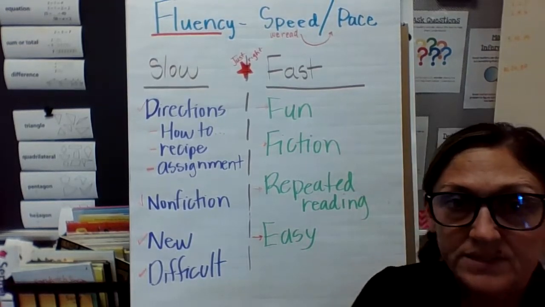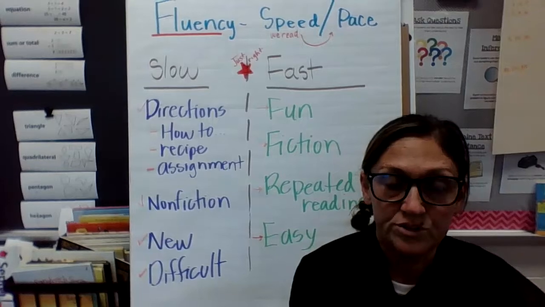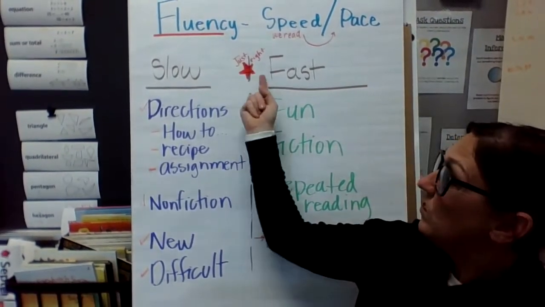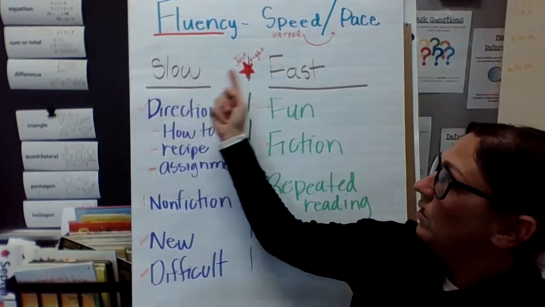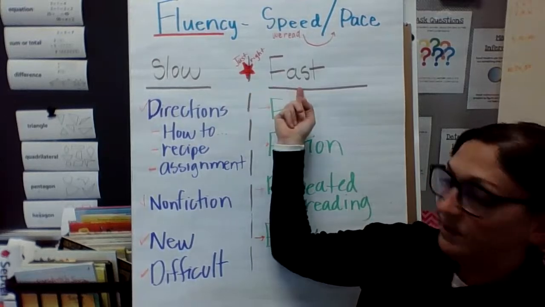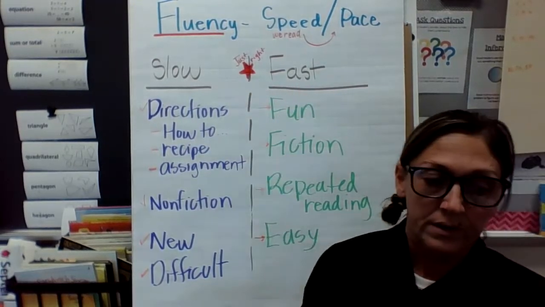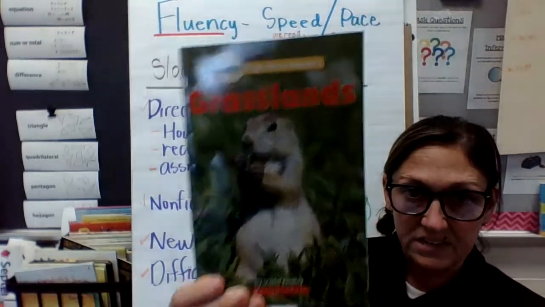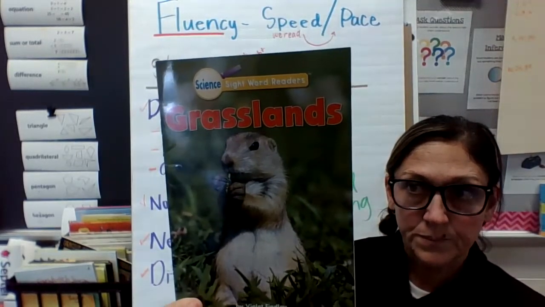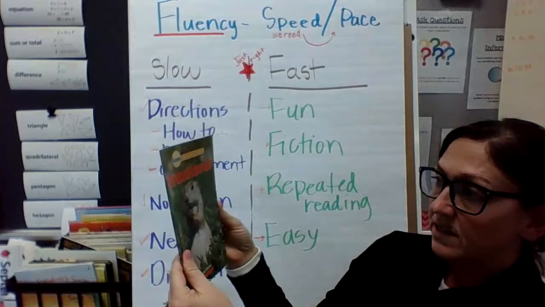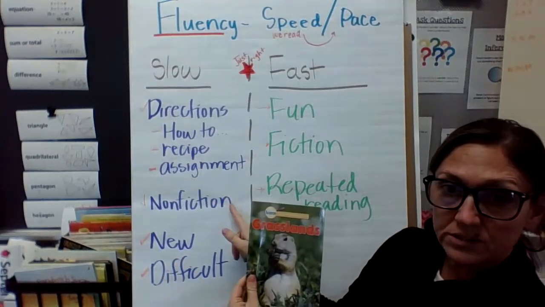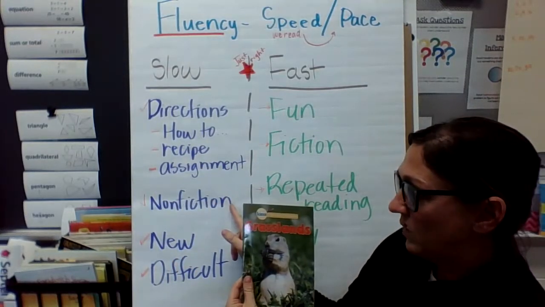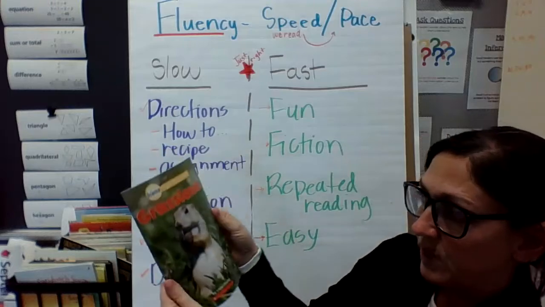I'm going to give you a couple examples and I want you to tell me if you think that we should read this book a little bit slower than our normal or if you think we could probably read it a little bit faster. All right, the first one is this book called Grasslands. Looks like it's a nonfiction book, so it's probably going to need to be a little bit slower, probably going to be learning something.